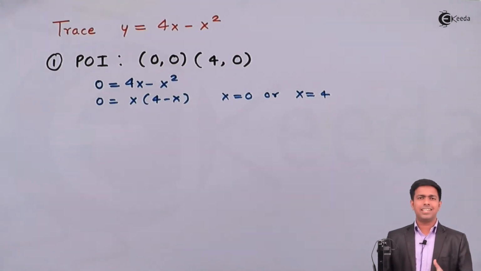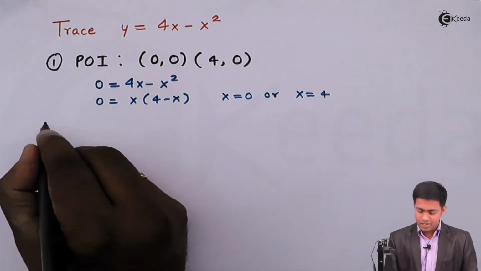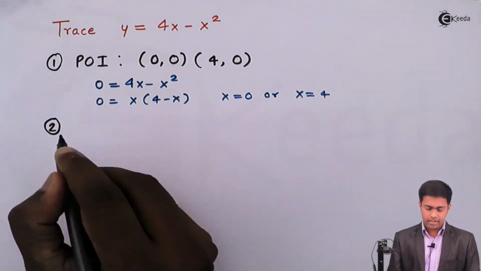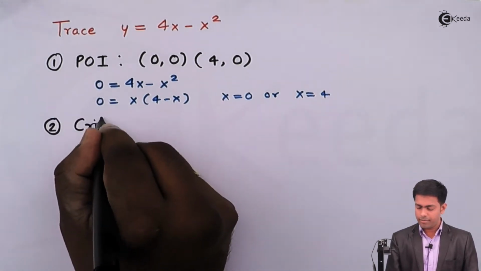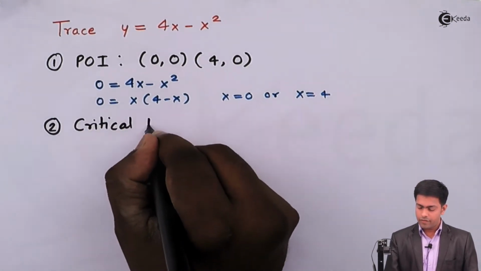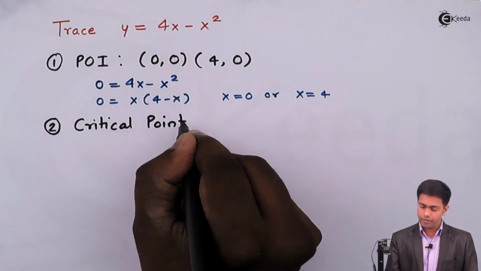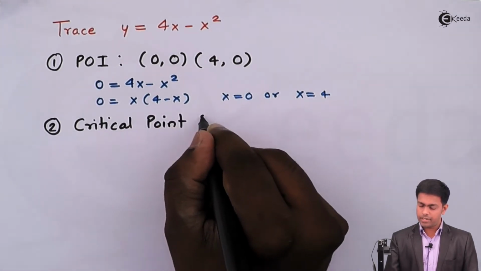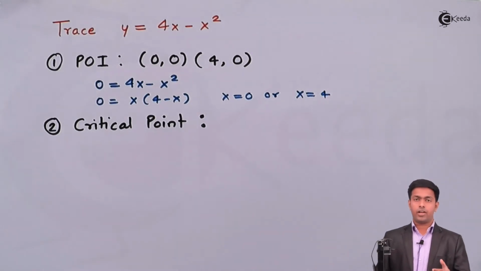Now let's see the second characteristic. The second characteristic is the critical point. We are going to find the critical point for this given curve, and based on the critical point we are going to see the shape of the curve.